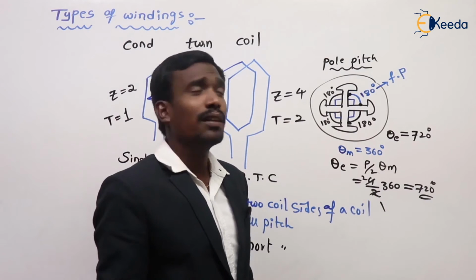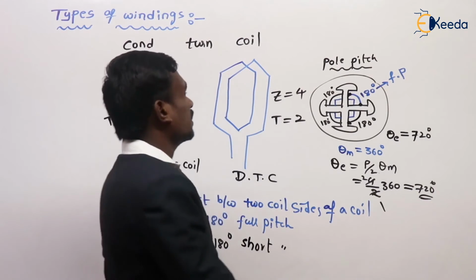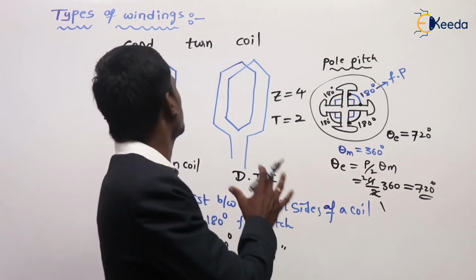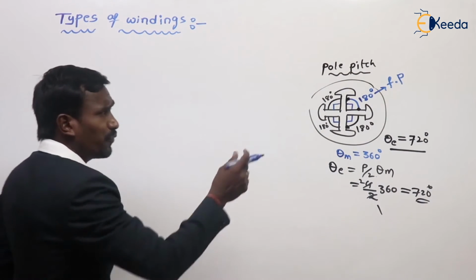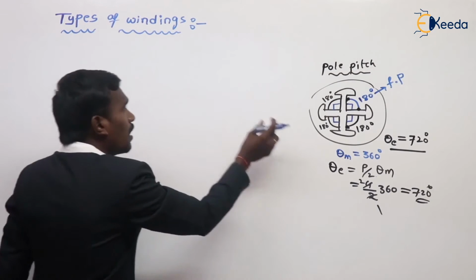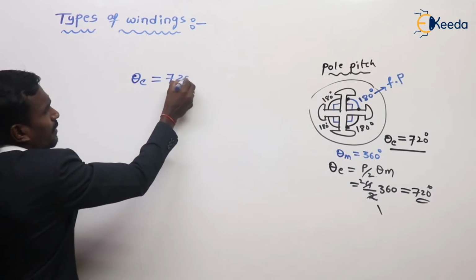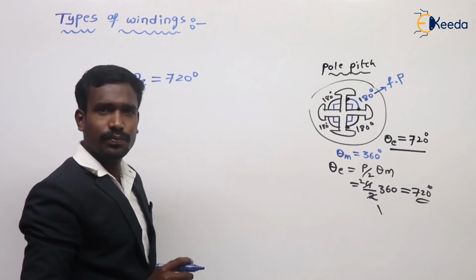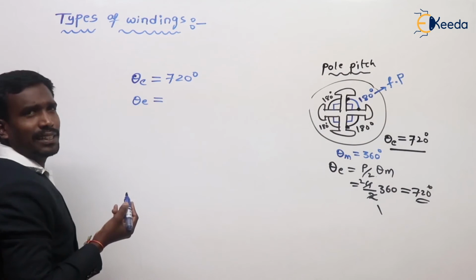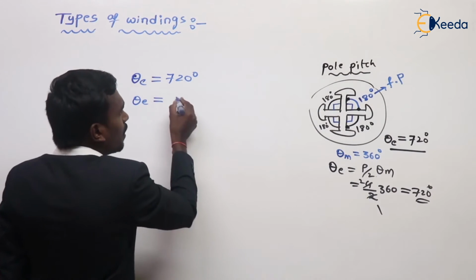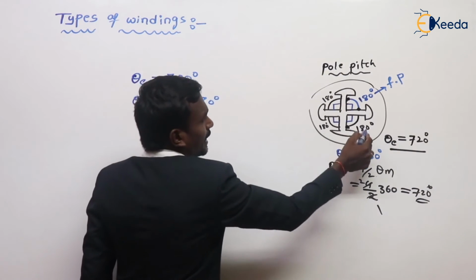So theta electrical is equal to 720 degrees, theta mechanical is equal to 360 degrees. This is also a previous competitive exam question. So this is simply about pole pitch and coil span. From this diagram, theta electrical is equal to 720 degrees. Of course, this can be written as theta electrical equal to 4 times 180 degrees: 180, 180, 180, 180.